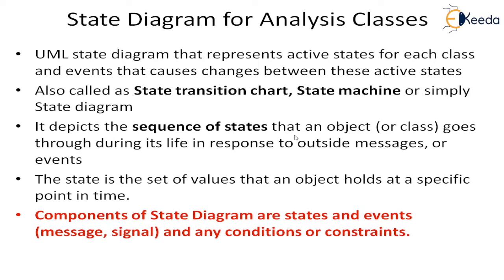It depicts the sequence of states that an object will undergo throughout its life in response to an outside message or an event. The state is the set of values that an object holds at a specific point of time. These values identify the state, and that state will be given a name. The components of the state diagram are states, the events causing the transition to the state, any condition or constraint related to that state, and the activities undergoing within that state.